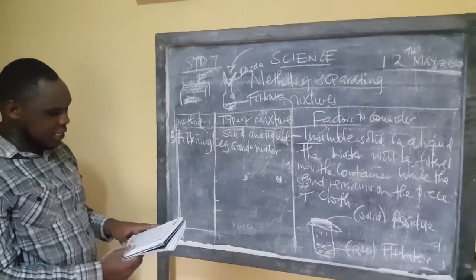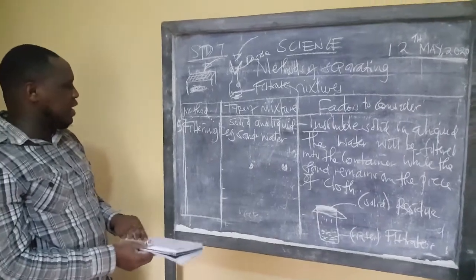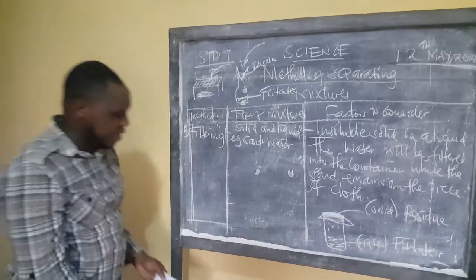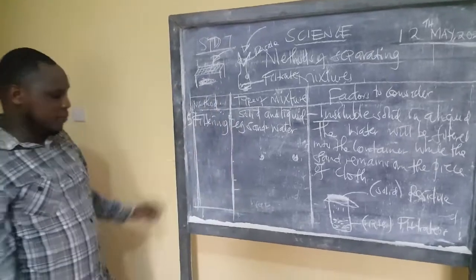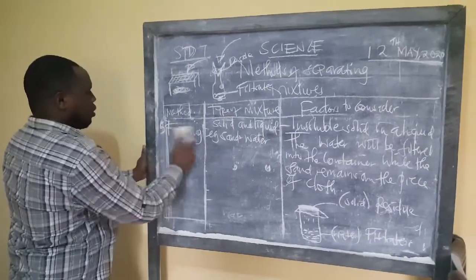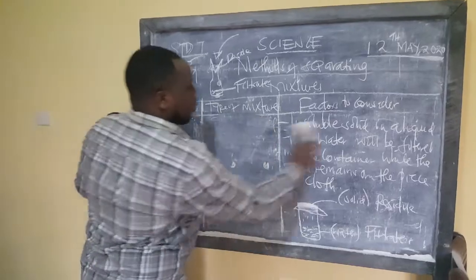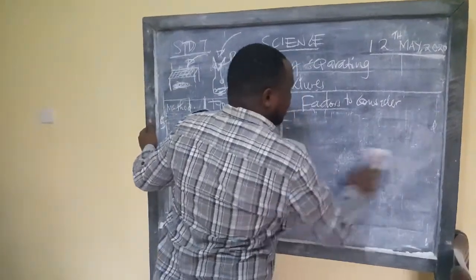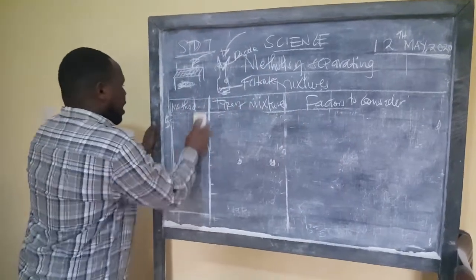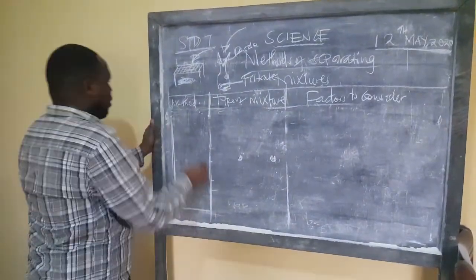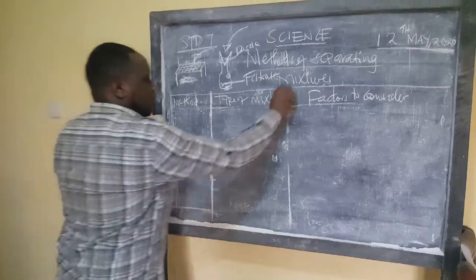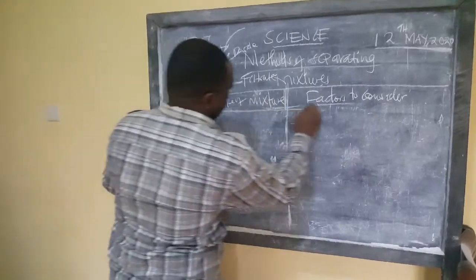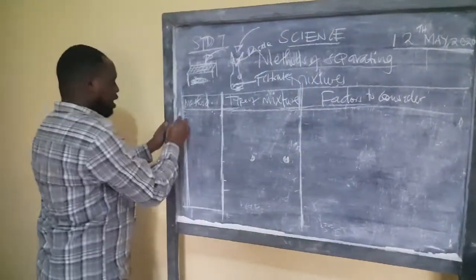We are remaining with two, evaporation and magnetism. We have evaporation here as number 6.